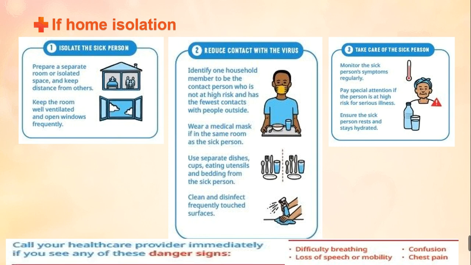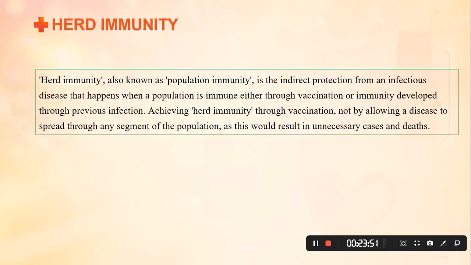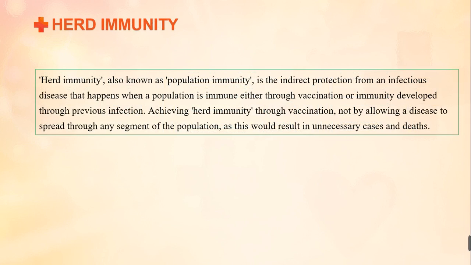Better do hospitalization, because if you have some other health issues, then those health issues plus COVID-19 might be worse. So only I'm suggesting you to go for hospitalization. Okay, the time is running so fast. I'll be moving to the next topic, herd immunity.